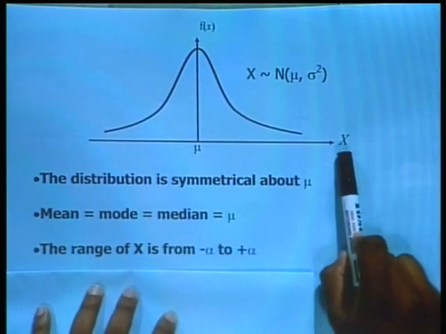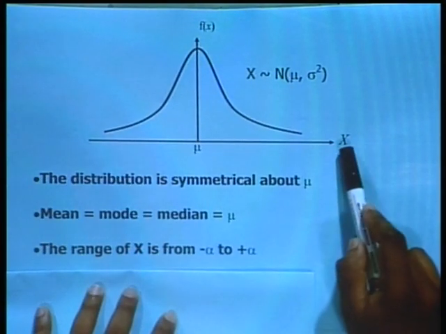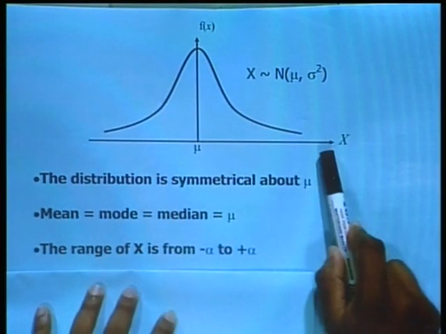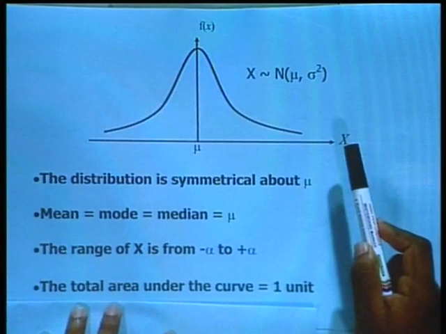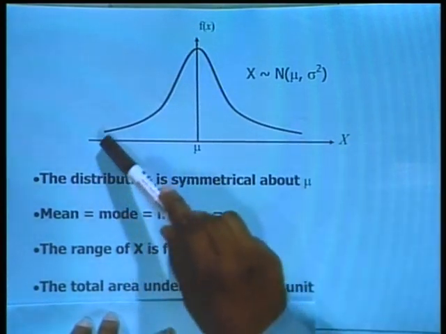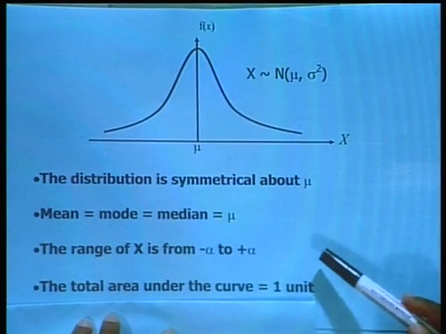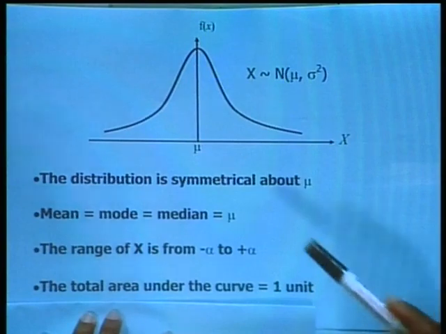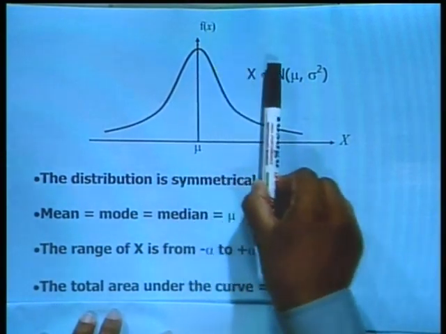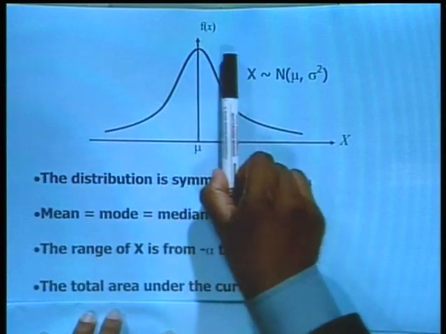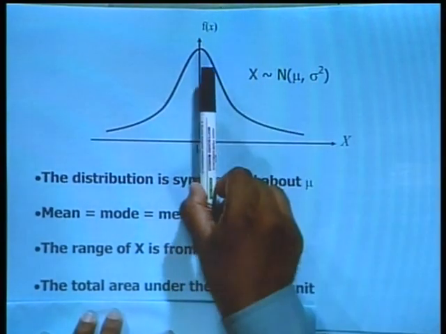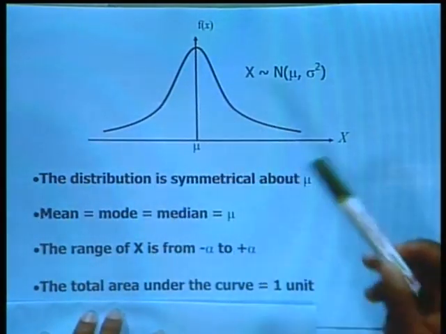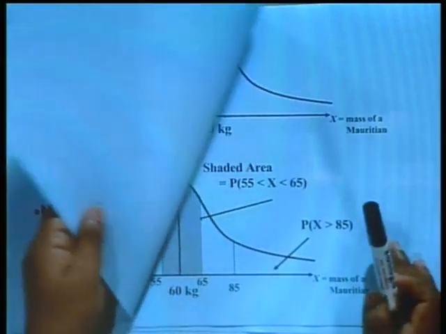In a normal probability distribution, the normal variable ranges from minus infinity to plus infinity, and which is very important to note, total area under the normal curve is equal to 1 unit, which means that area on the right of the mean will be 0.5, area on the left would be 0.5. The total area under normal curve is 1 unit.